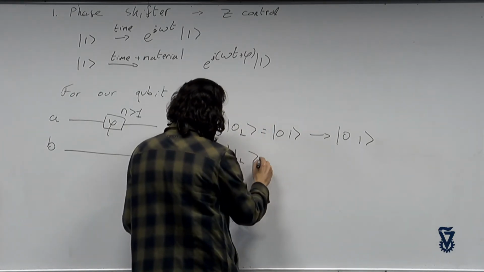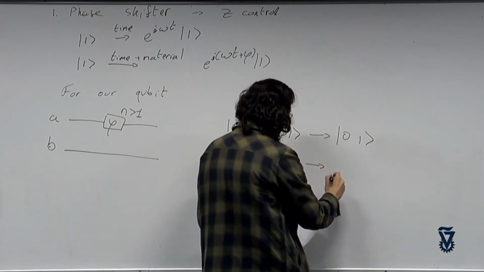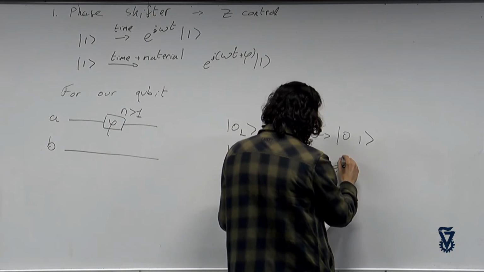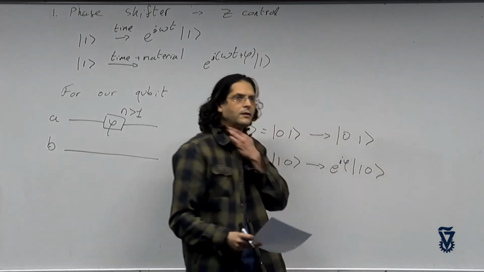But the logical state 1, which is 1 and 0, will map to e to the i phi times 1 and 0.